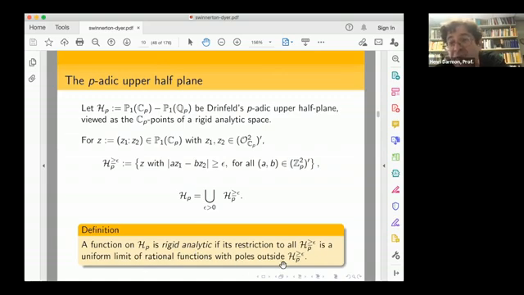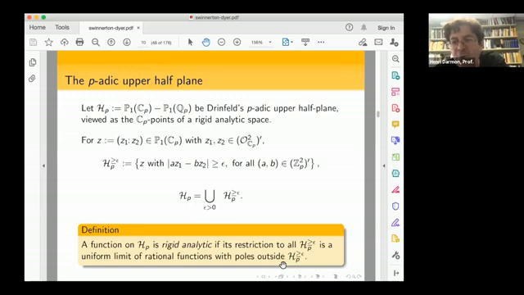Okay, so that's our definition. And it turns out that this notion of rigid analytic function has a lot of the nice formal properties that we're used to expect from complex analytic functions on the upper half plane. Notably, the principle of analytic continuation holds for this class of functions.